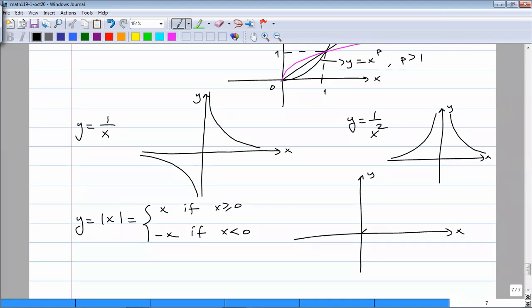So y equals x when x is greater than or equal to 0, and y equals minus x if x is less than 0. It's supposed to be symmetric. So we have a corner at x equals 0.